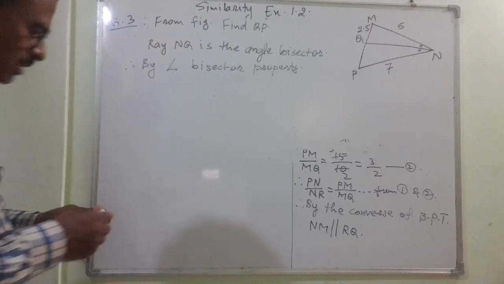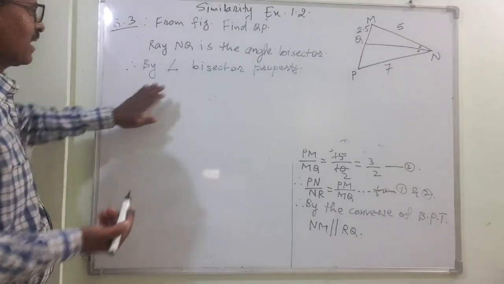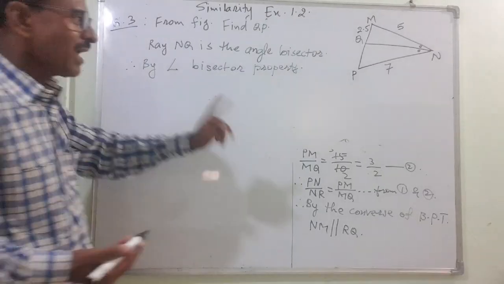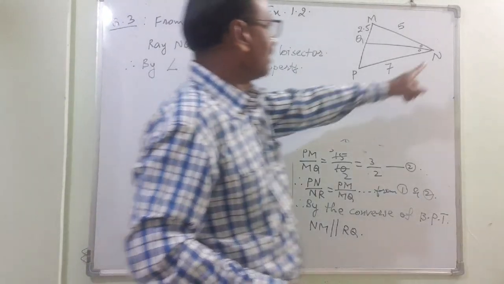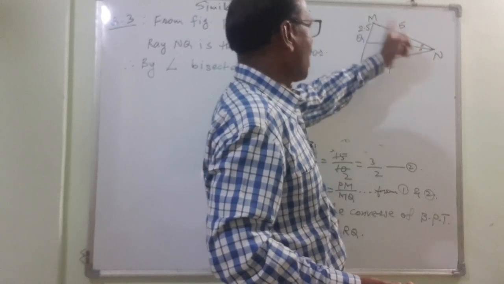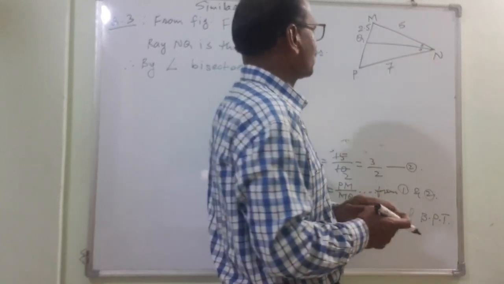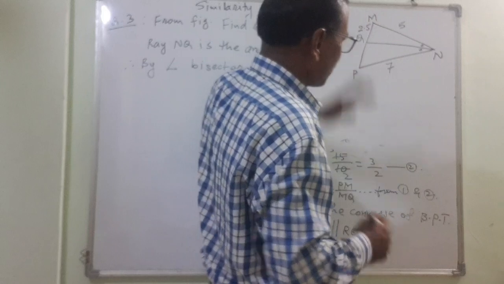Hope you have done that also. So by the angle bisector property, what I have is the ratio of the sides, this upon this, or the ratio of the opposite sides.